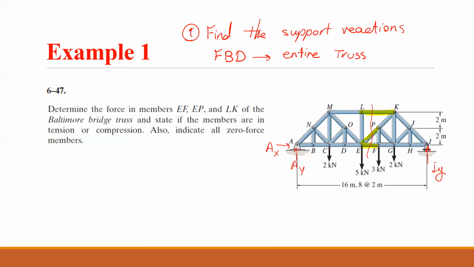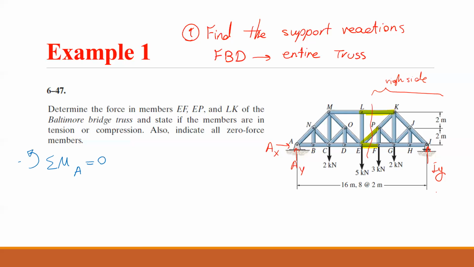I'm going to analyze this side, the right side of the truss, so I just need to find IY. How can I find IY? Any idea? All right, I can find IY if I take the moment about A equals 0.